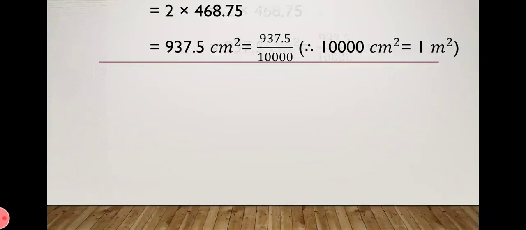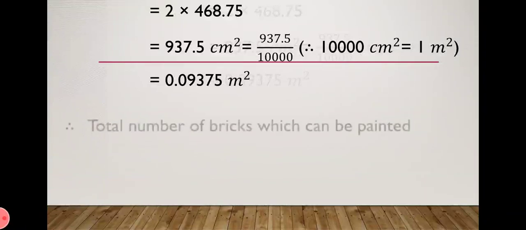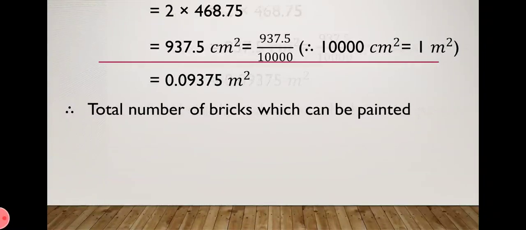That is equal to 937.5 divided by 10,000, since 10,000 centimeter square equals 1 meter square, because 1 meter is equal to 100 centimeters, so for square we have to double the zeros. So 1 meter square equals 10,000 centimeter square. Then we will get 0.09375 meter square.